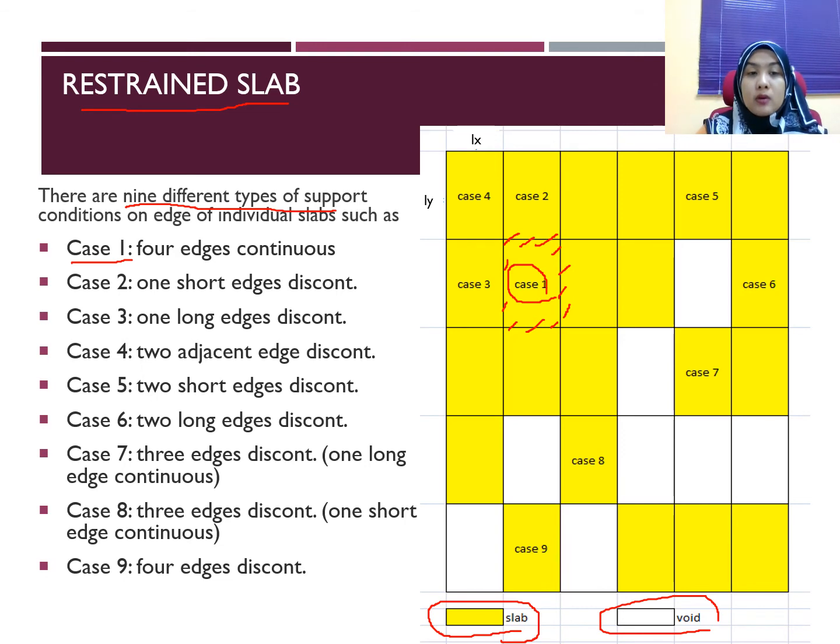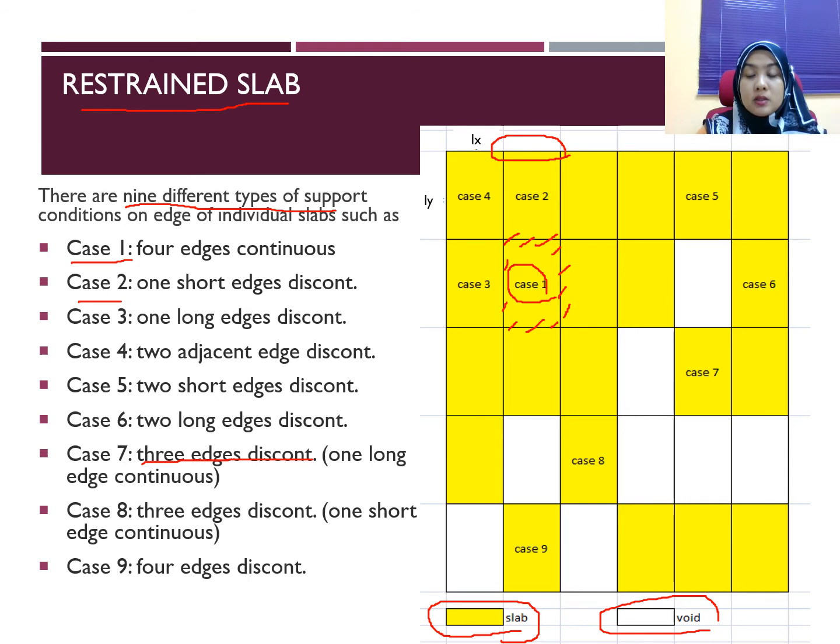And then for case number 2, one short edge discontinuous. So this is case number 2. This is the short edge. This short edge is discontinuous, which means you don't have any slab at this side. So it is discontinuous. Okay, and then another one, let's take a look at case number 7.